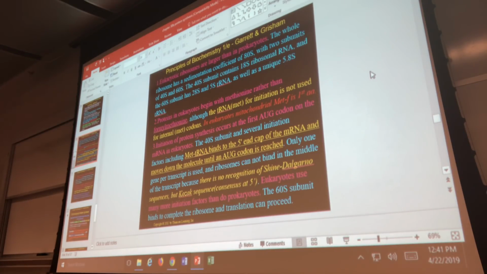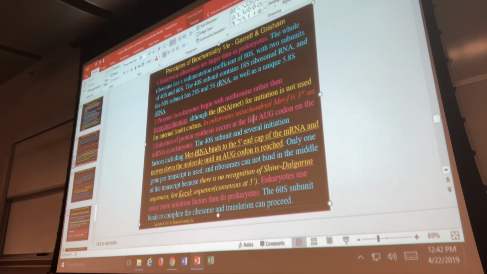This one is interesting. Eukaryotic proteins begin with regular methionine, not formyl methionine. Remember, in prokaryotes, the very first amino acid is formyl methionine, but in eukaryotes, it's regular methionine. Instead, what eukaryotes do to figure out the first amino acid is they have a special tRNA for it, a modified tRNA.